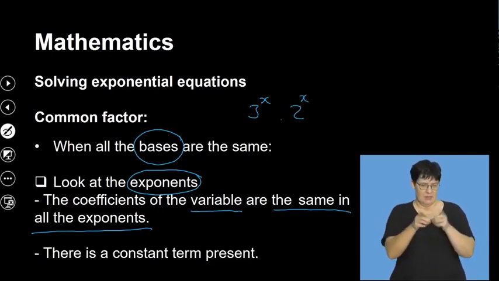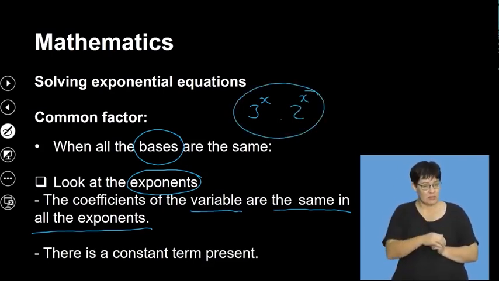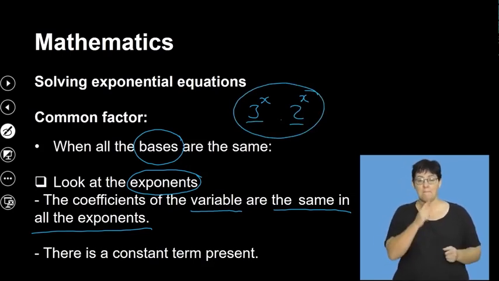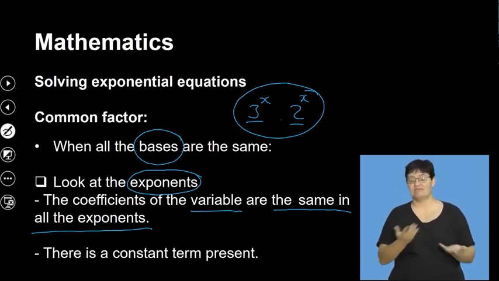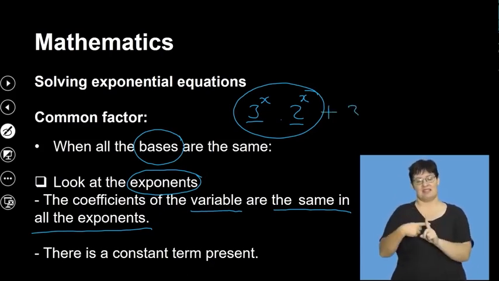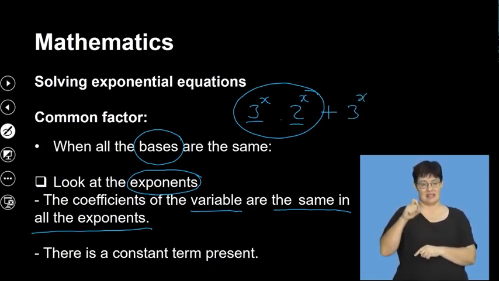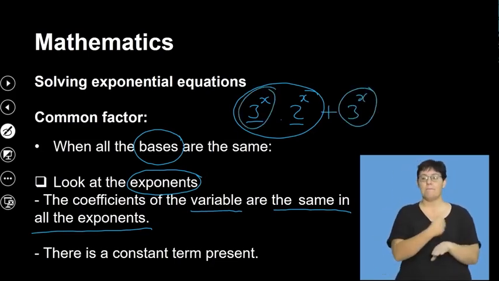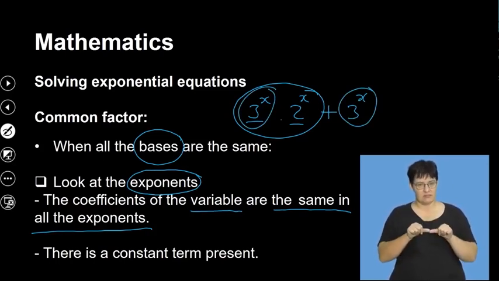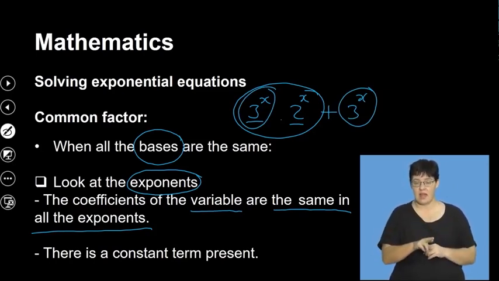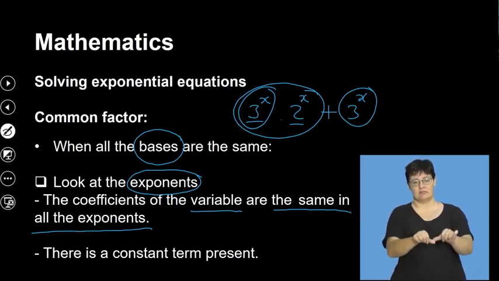I am looking at bases that are not necessarily the same, but my exponents are the same. But I can't take out a common factor here unless I then say plus 3 to the exponent of x. Then you can see that my bases here will therefore be equal. That's really what I mean there. There will always be a constant term present, meaning after taking out a common factor, there should definitely be a constant term.